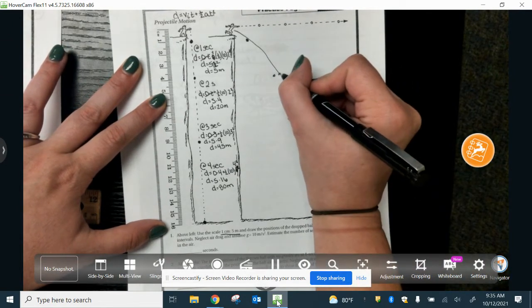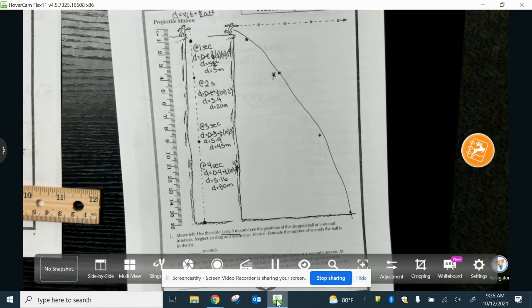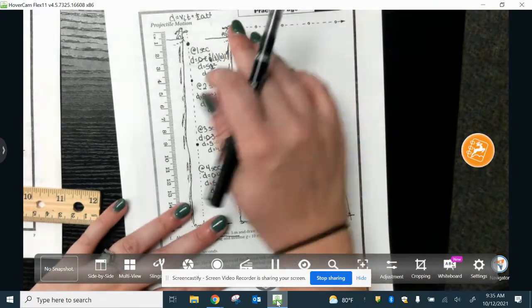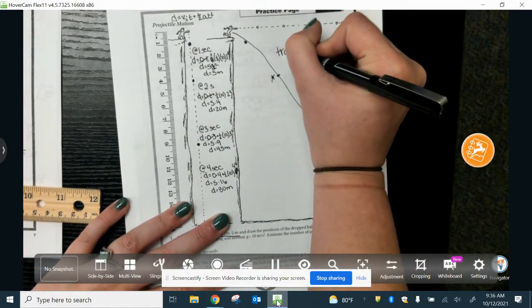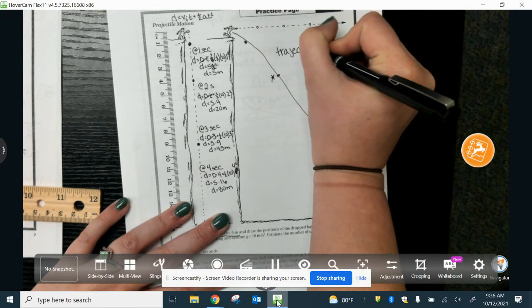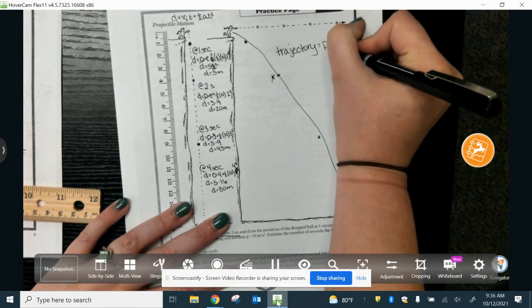What you should see, so I'm going to move that one over there a little bit, is that you have a nice curve fall. Not the best curve, you're just going to have to take it from me. This path that the ball travels is called its trajectory, which just means its path.